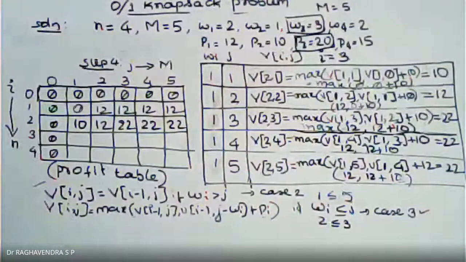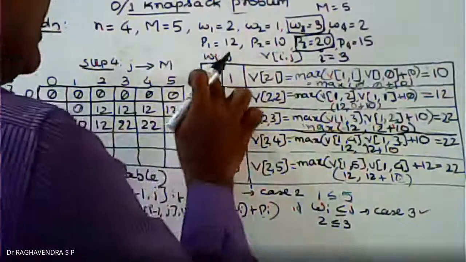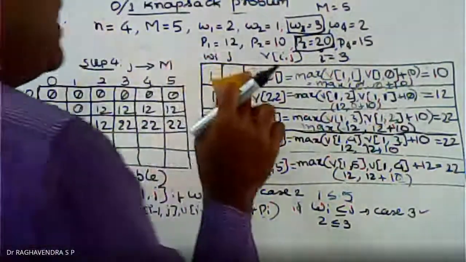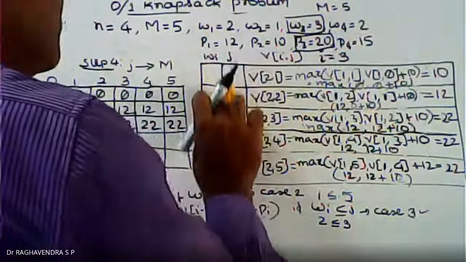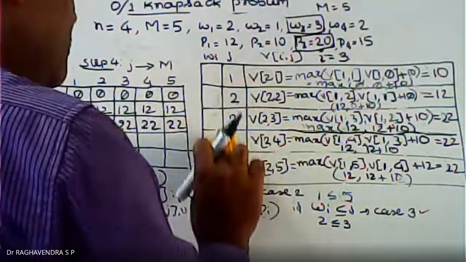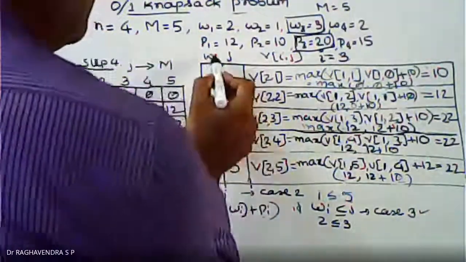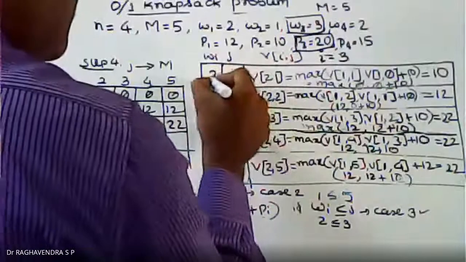Fine. Now in this case, you have to replace all the Wi by 3.